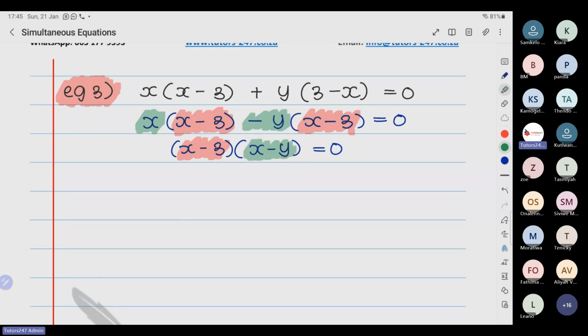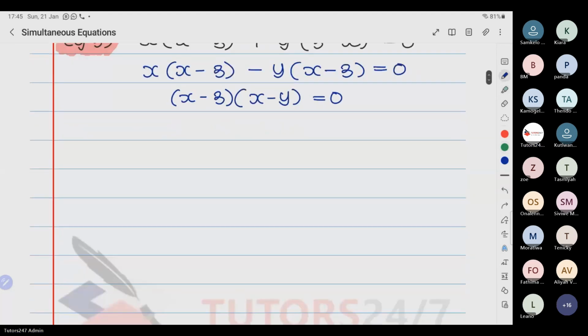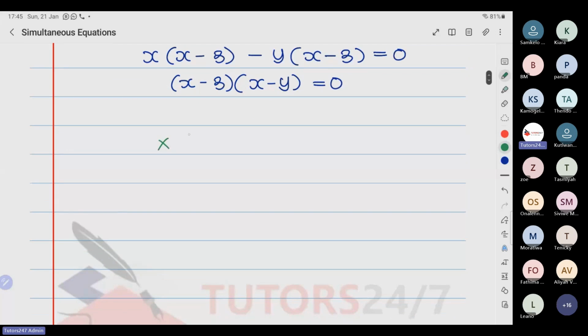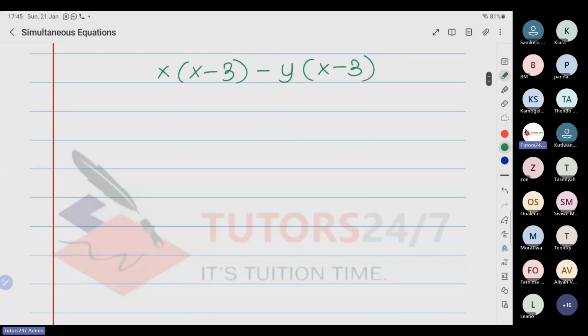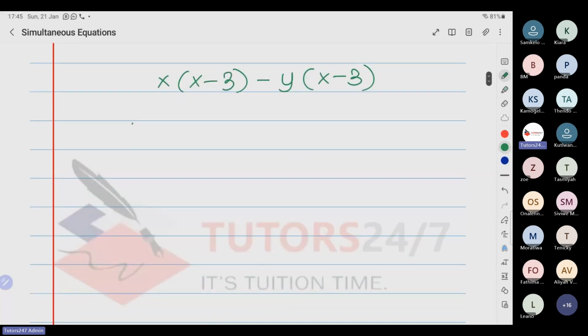If you want to use taking out a common factor, all you would then do is, if you have x(x - 3) - y(x - 3), and you want to take out the common factor, take out x - 3, and what are you left with inside of the bracket? Remember what we discussed earlier: if you want to take out a common factor, you take the term and divide it by the common factor. That is how you identify what is left behind.